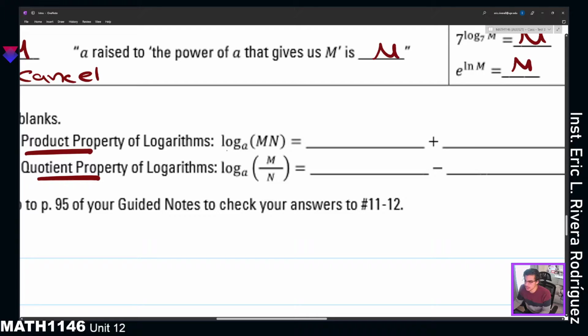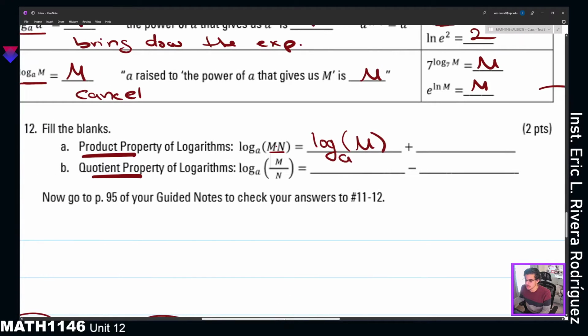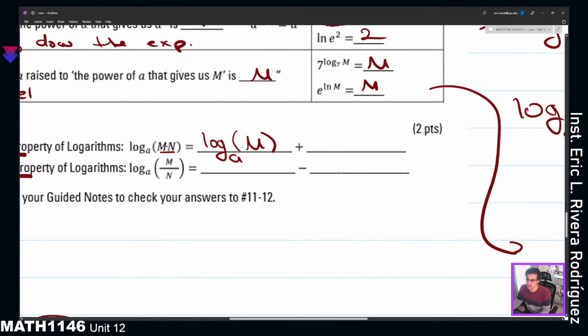We have a logarithmic function, and in the argument we have multiplication. We have two factors, m and n. So when we have a multiplication here, we can separate those two factors and use them as arguments of individual logarithmic functions.